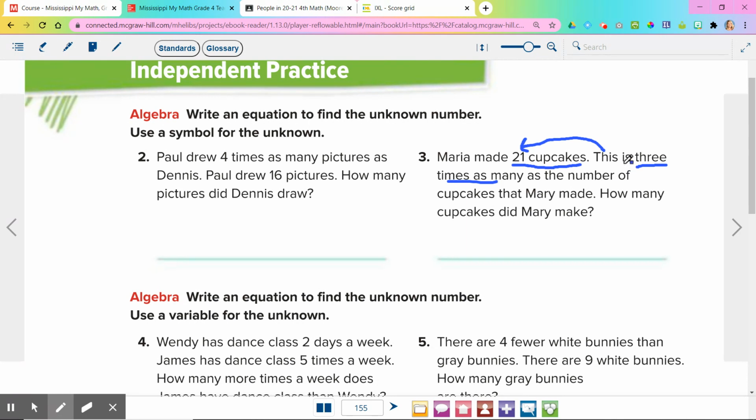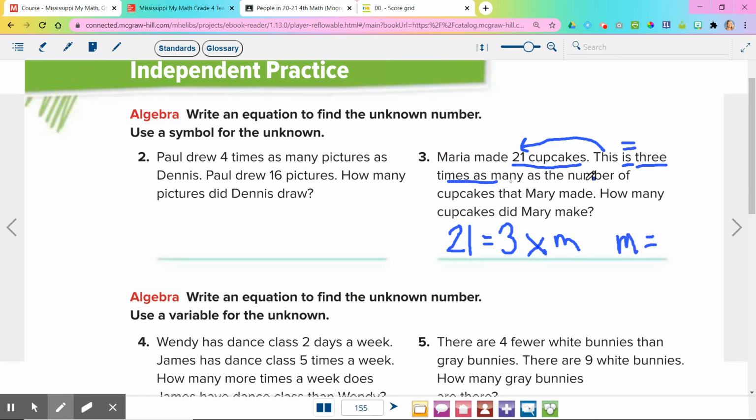Using what we know about our words and math symbols, if Maria made 21 cupcakes and this is, which means the equal sign, so I can start writing my equation. 21 is 3 times as many as the number of cupcakes that Mary made. So now I have my equation. How many cupcakes did Mary make?